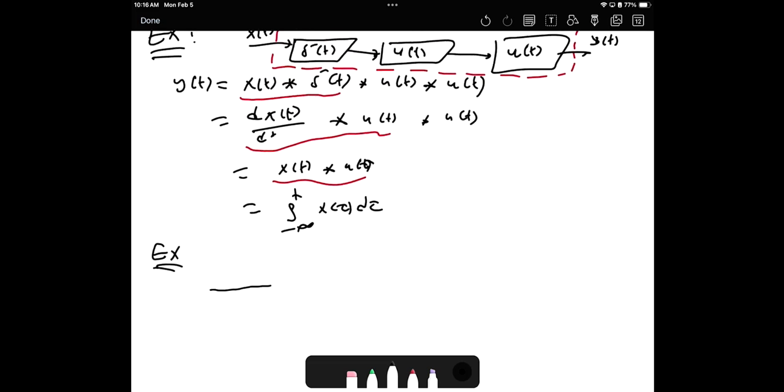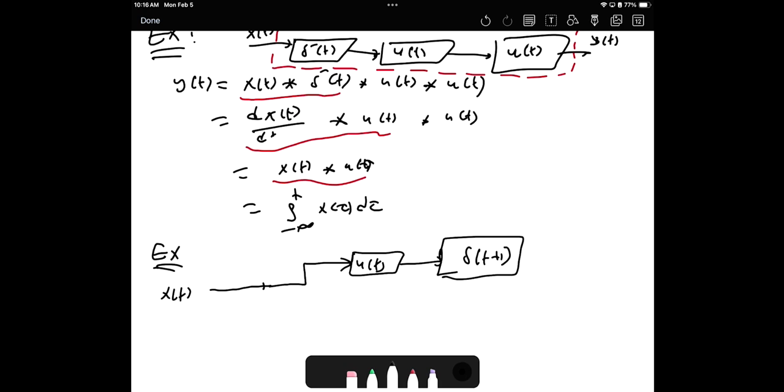Here we have x of t. It will go to different things. So we have here u of t. Then that u of t will go to delta of t plus 1. Then it will go to a summer, sum.